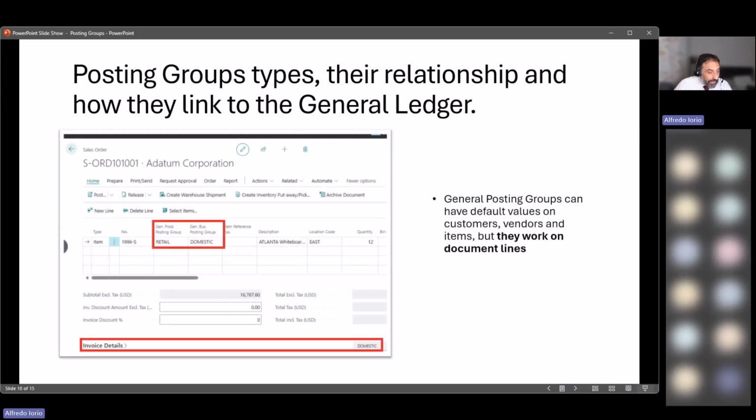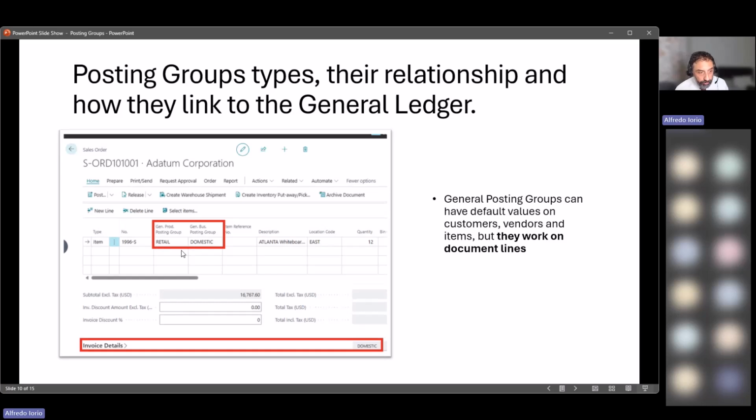So here is the thing. You can see the general posting groups can have default values on customers and vendors and items, but really the reason why it exists is to tag the transactions. And here you can see an example of a sales order where we have the general business posting group domestic, which is on the line but also on the invoice details, and we have the general product posting group on the document line.